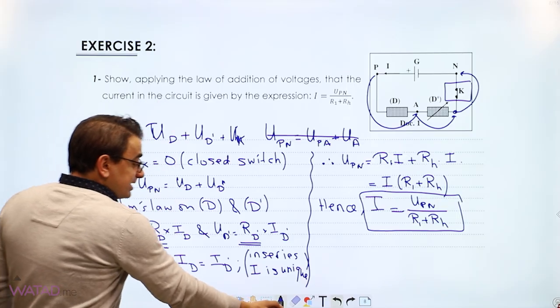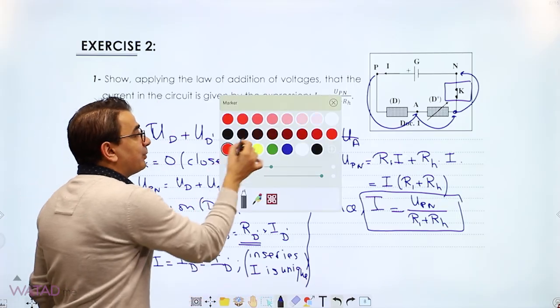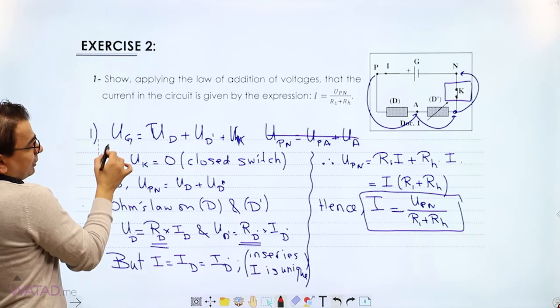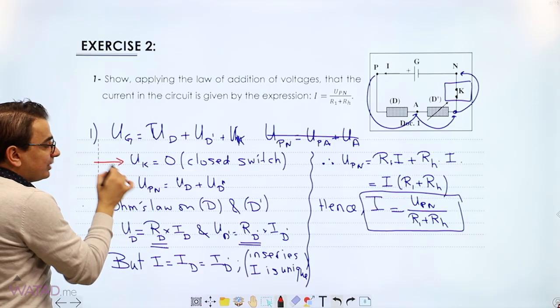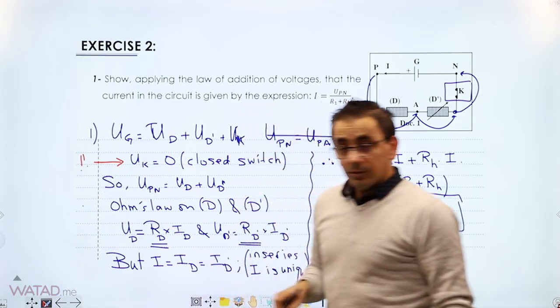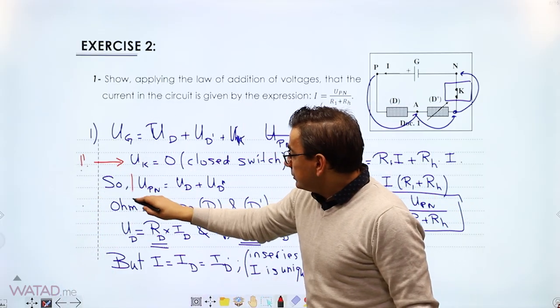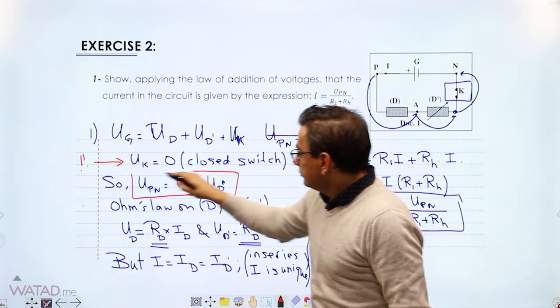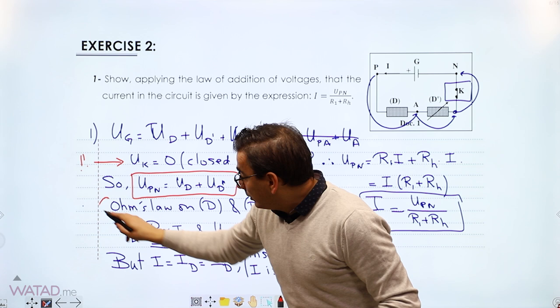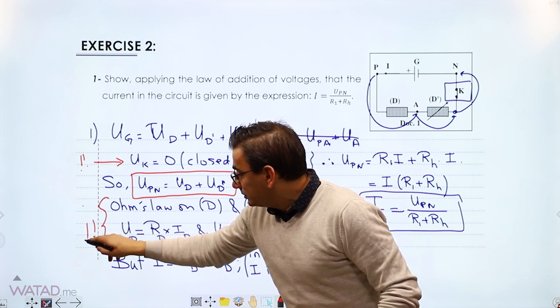Now, in case you have solved this using a different approach, an important thing to keep in mind: you don't need to explain this, but you need to mention that UK is 0. This is an important part, okay? Now, UPN equals UD plus UD prime. This is the law of addition of voltages. It's not that important. Applying Ohm's law on both is very important.